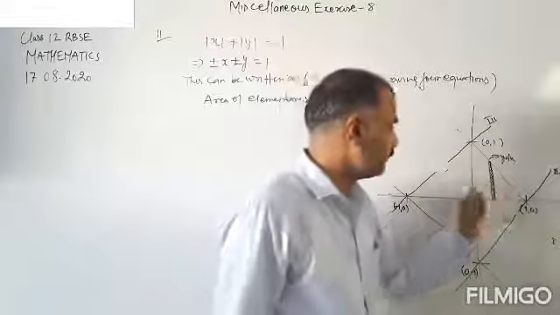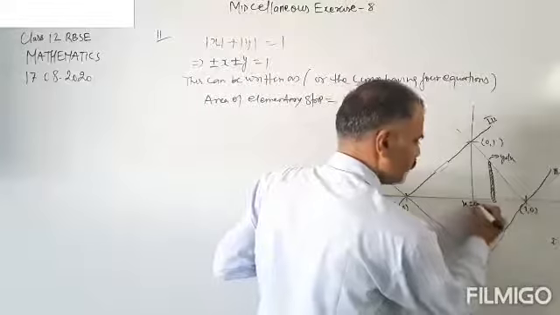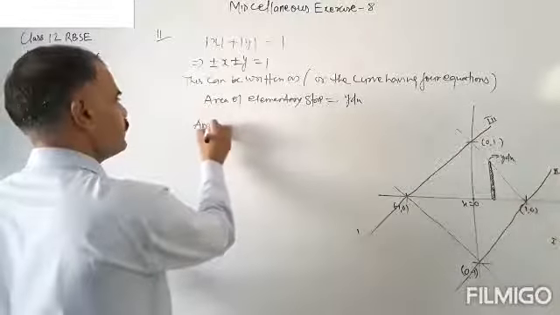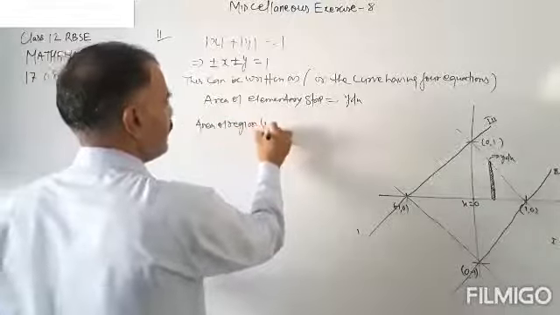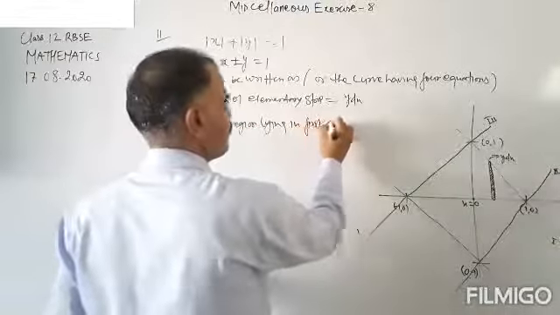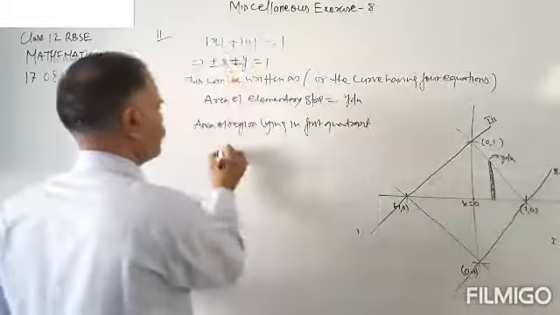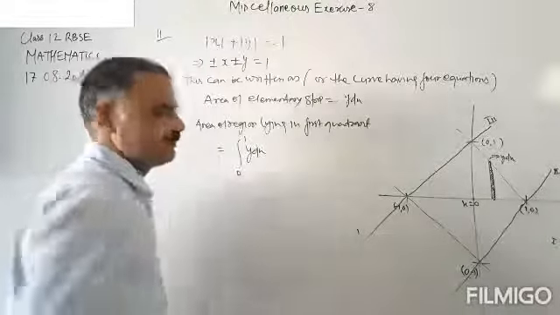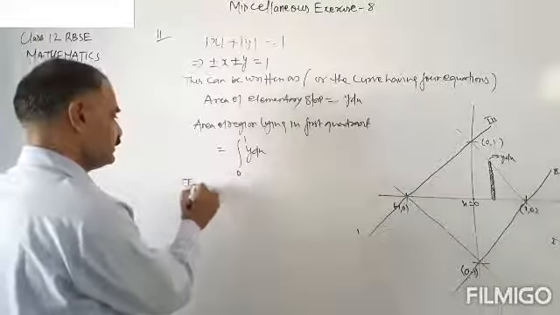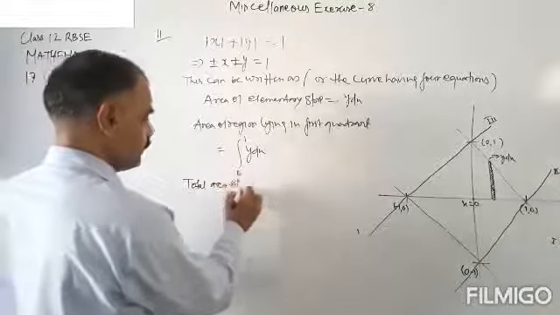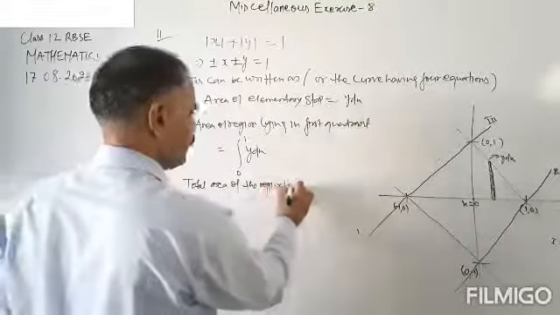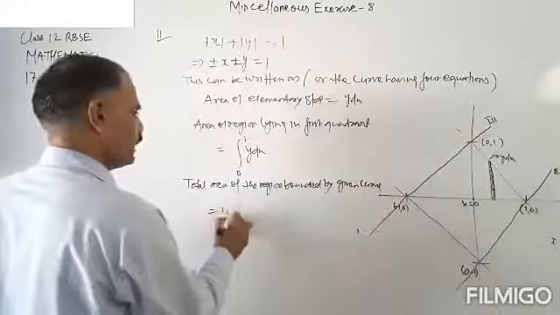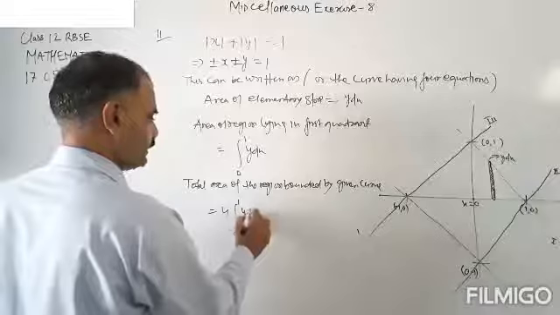Now this vertical strip will move from x equals 0 to x equals 1. So the area of the region lying in the first quadrant is the integral from 0 to 1 of y dx, and the total area of the region bounded by the given curve is 4 times the integral from 0 to 1 of y dx.